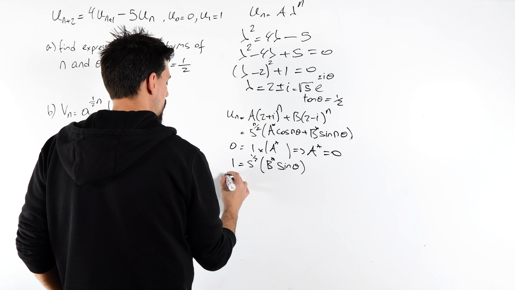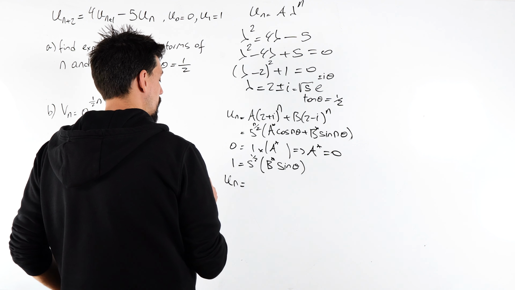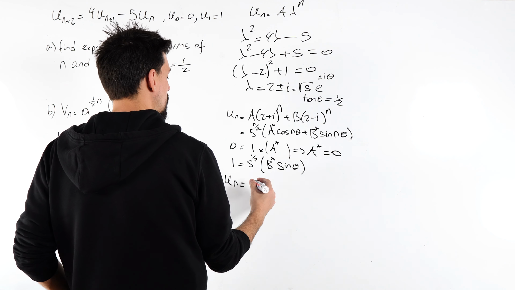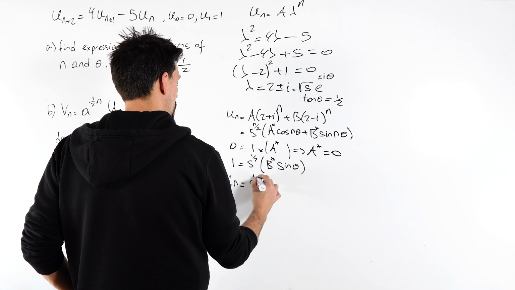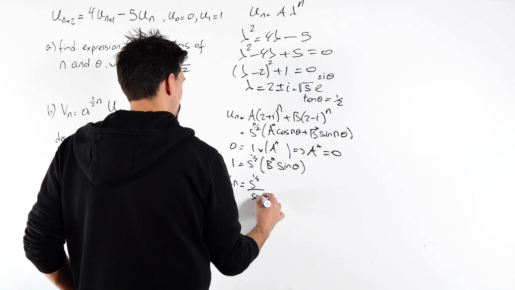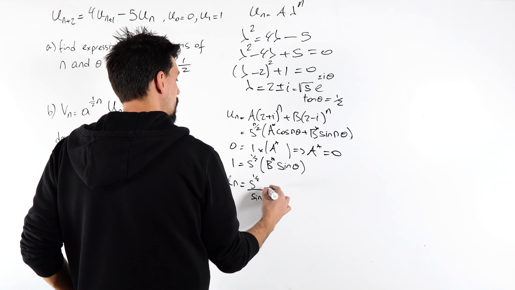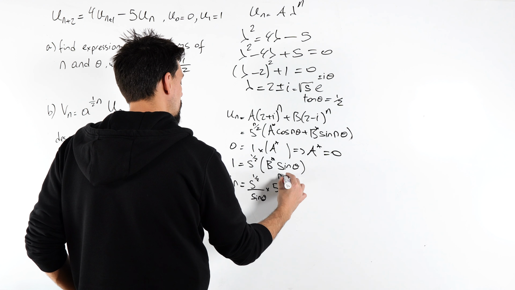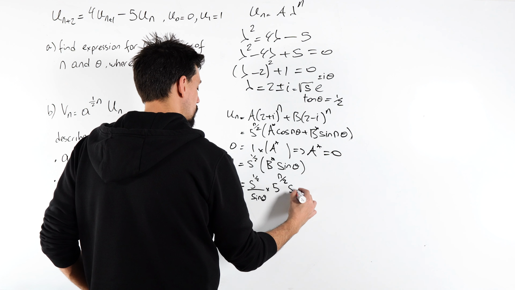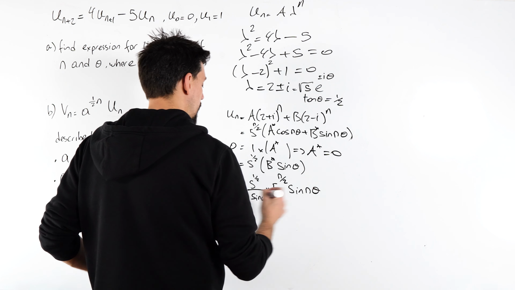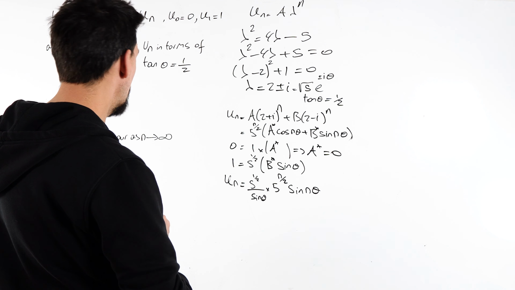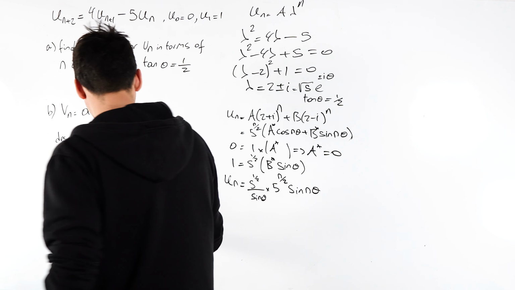So we end up with u_n is b star, which is 5 to the 1/2 over sine theta, times 5 to the n over 2 sine n theta. Okay, I'm just going to write that over here.